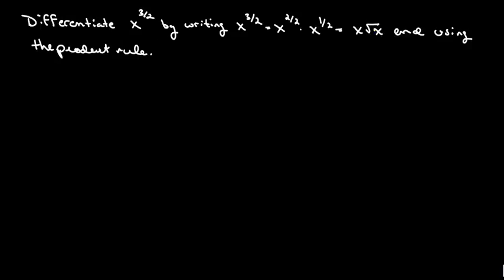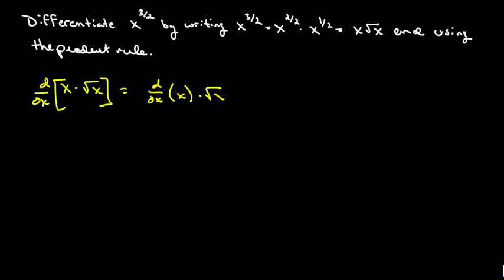So let's go ahead and use the product rule here. We've got x times the square root of x, and we would like to take the derivative. Our rule is to differentiate one of the guys, multiply that by the second, and then add to that the derivative of the other guy multiplied by the first.